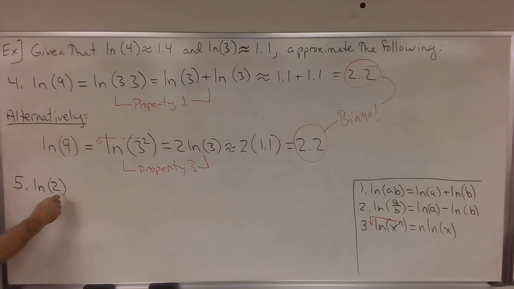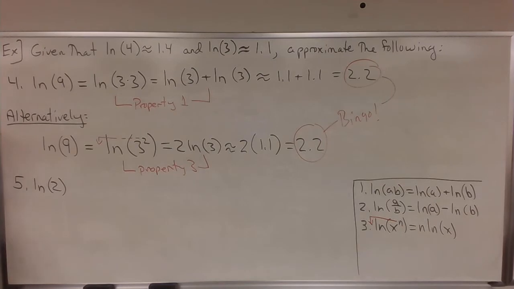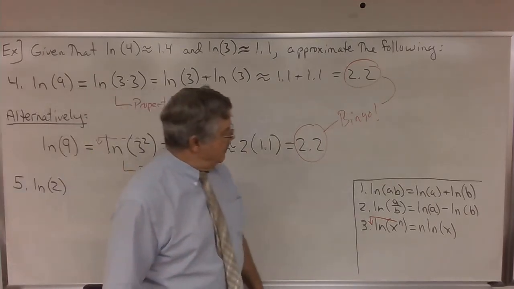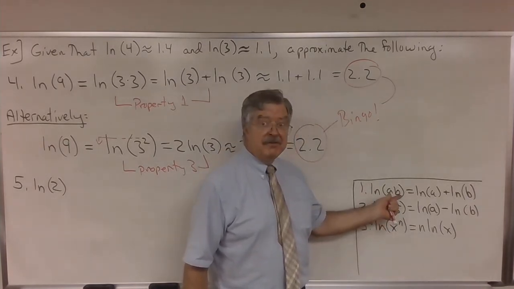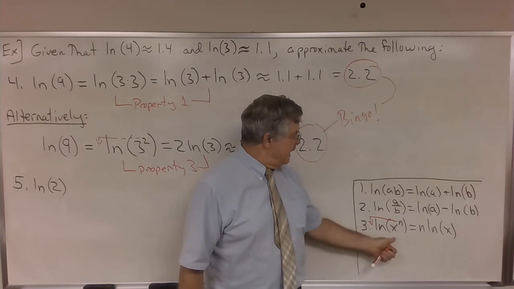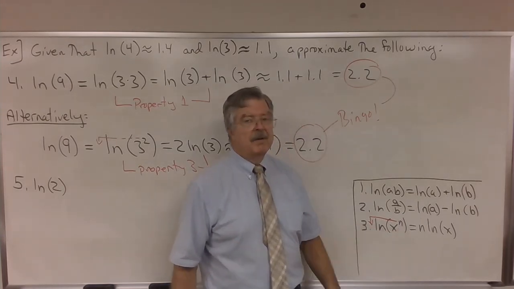Now, as our last one, let's do number 5, natural logarithm of 2. And again, in order to do this, somehow we have to write it in terms of 4 and 3. And we have to write it in such a way that we can write it as the logarithm of the product of two things that we know, or maybe as the logarithm of something we know raised to a power.